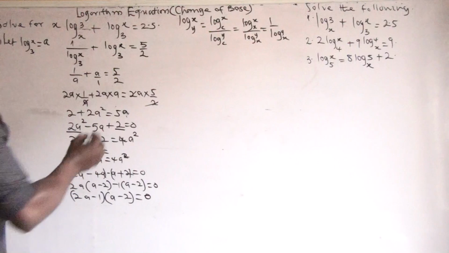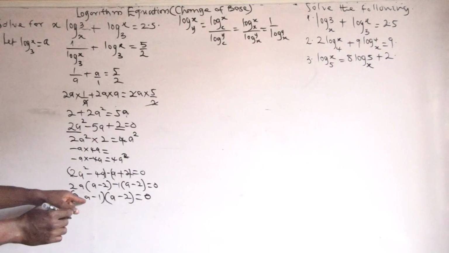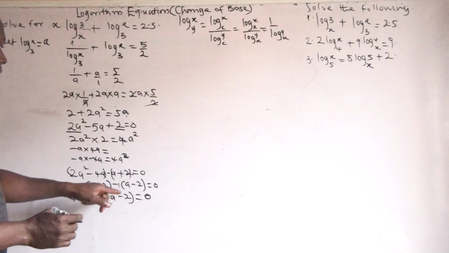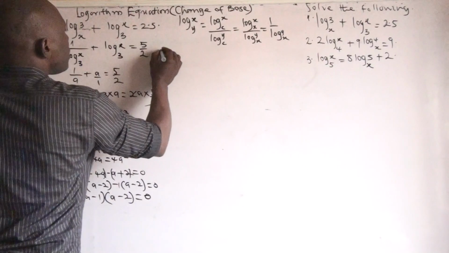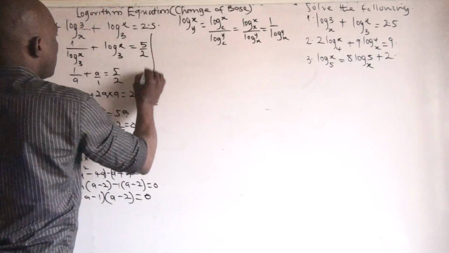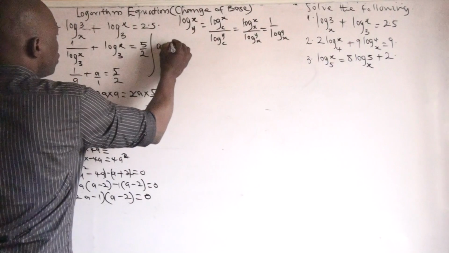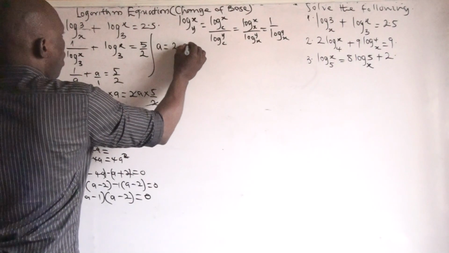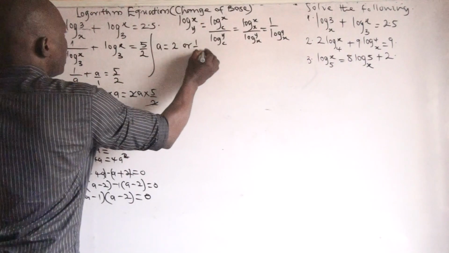Okay, so either 2a minus 1 is equal to 0 or a minus 2 is equal to 0, so that a is equal to 2 or 1 over 2.